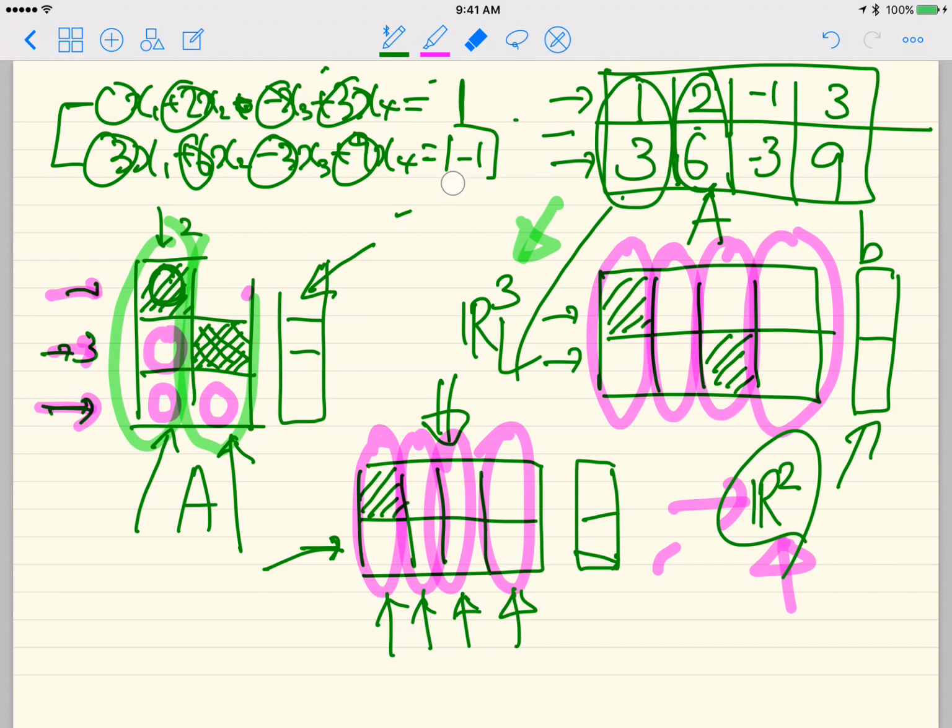But we can still make this case have some solution. What would that value be? It should be 3, right? In this case, we are quite lucky, so that those 2 equations still give some solution.